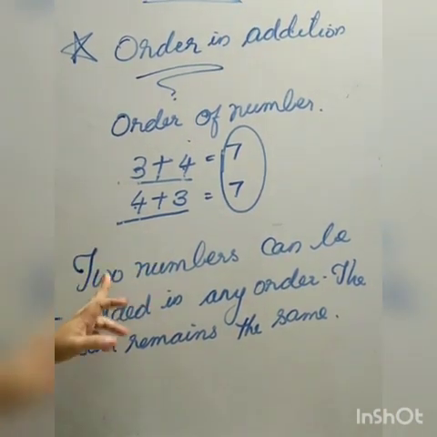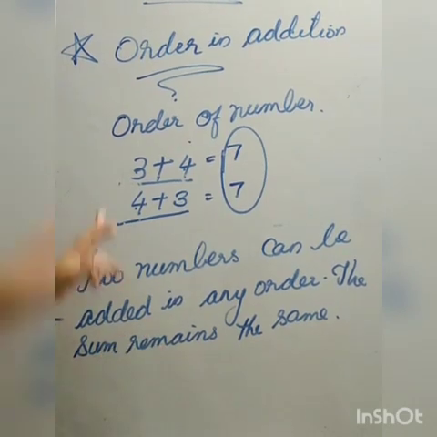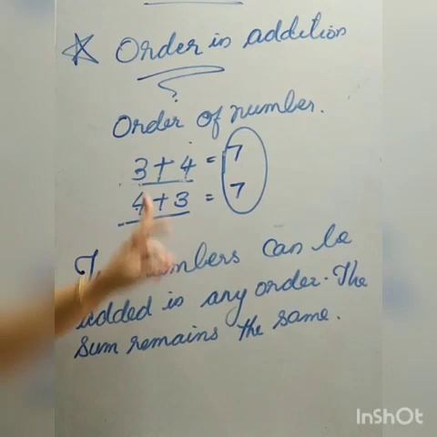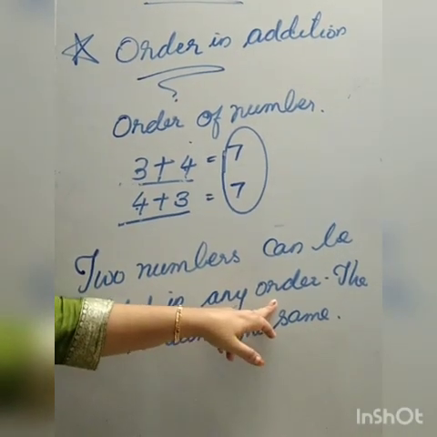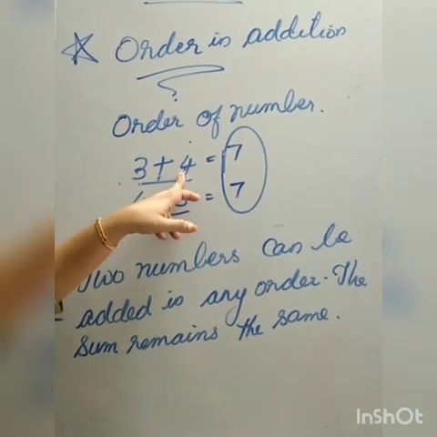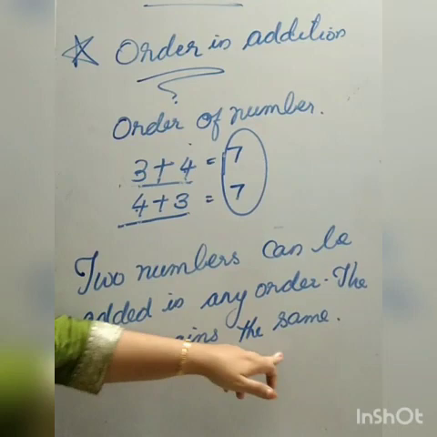See here, two numbers can be added. Here, which are the two numbers? 3 and 4. In any order. And we here change the order. 3 plus 4, 4 plus 3. The sum remains the same.